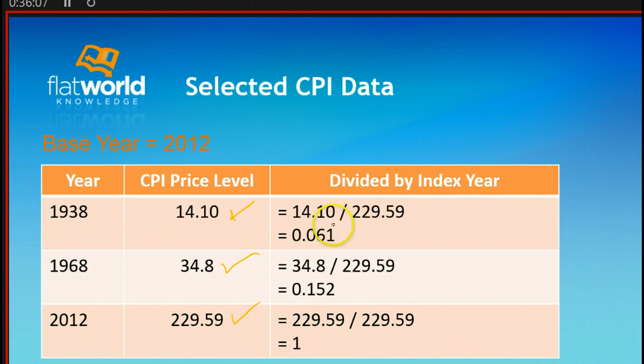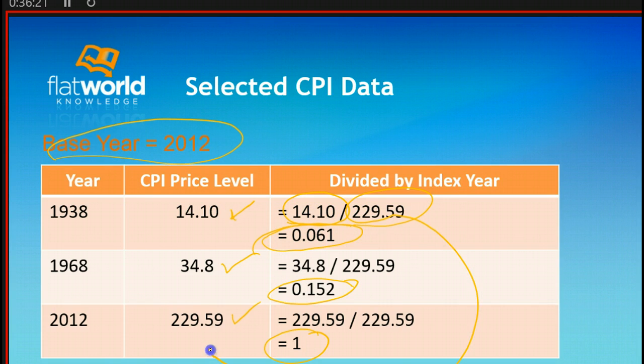Now, in order to find out what my multiplier will be for each of the years, since I've decided to make 2012 my base year, I take 1938's price level and divide it by 2012's price level. Same thing for 1968. When I do it for 2012, you notice I end up getting 1 because it is the base year.